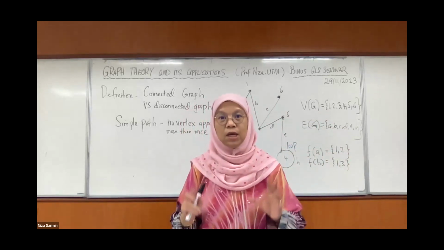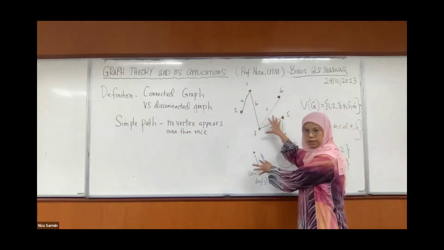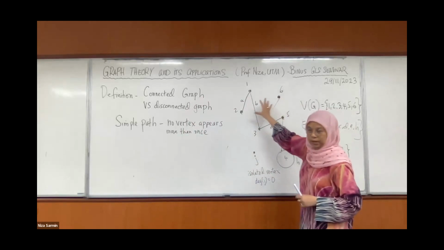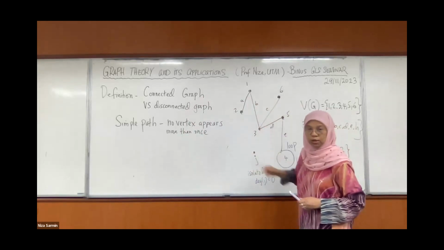If you have a graph which is disconnected, like this, each piece is called a component of the graph. This is one component, this is another component.